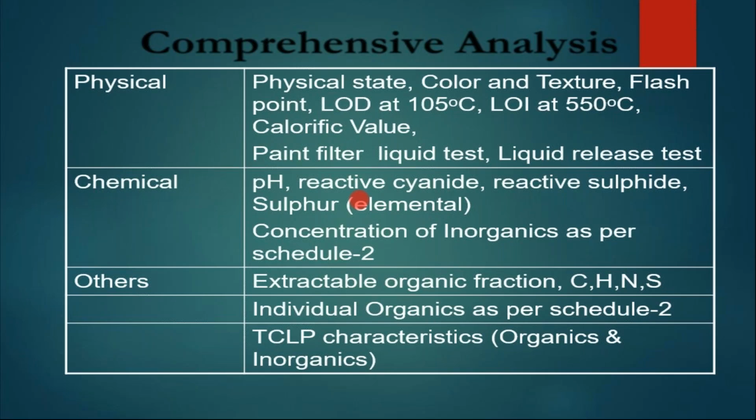In the chemical analysis, pH, reactivity, cyanide, reactive sulfide, sulfur, concentration of inorganics as per Schedule 2. Then other than physical and chemical, extractable organic fractions C, H, N, S, individual organics as per Schedule 2, then TCLP characteristics, organics and inorganics. All these characteristics or properties are checked under this comprehensive analysis.